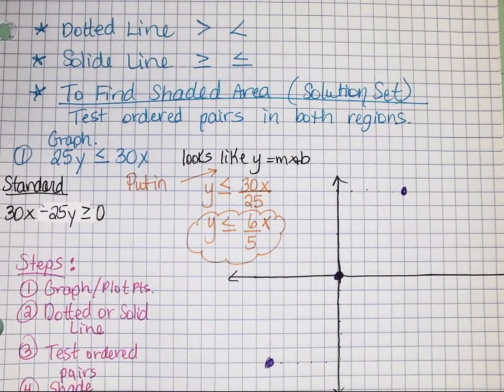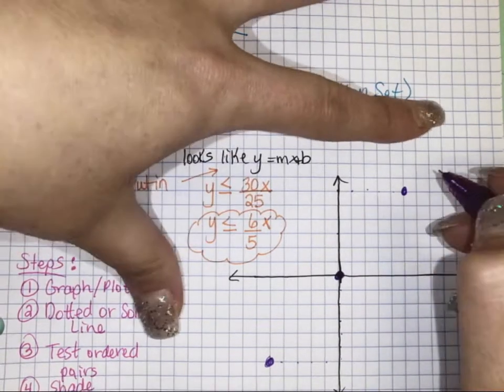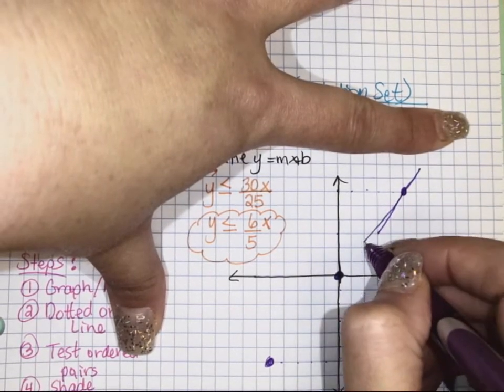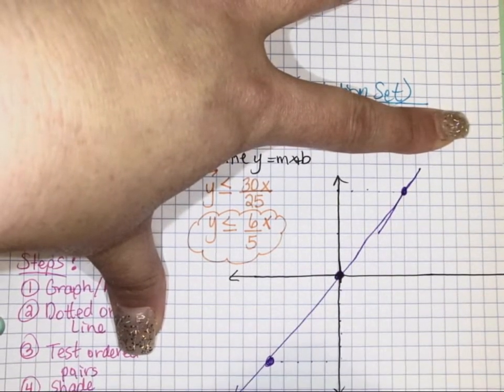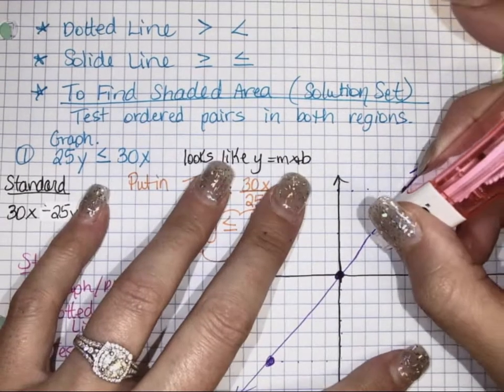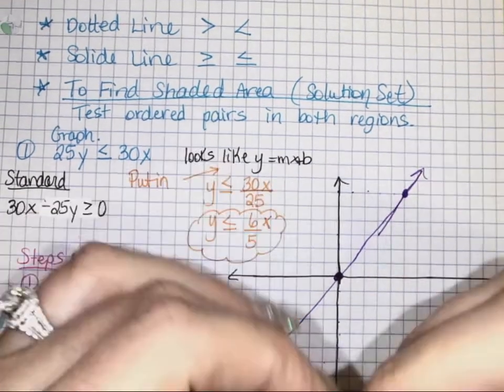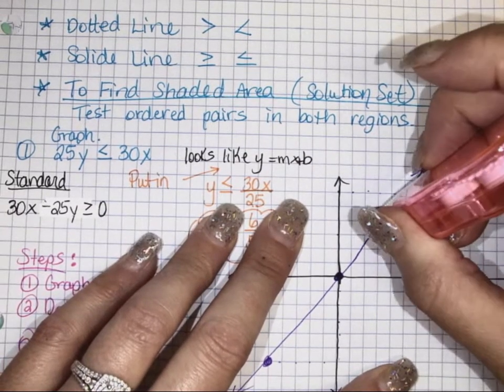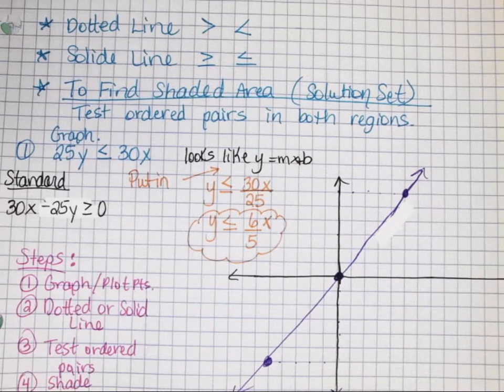All right, so here we go. Like I said, I know that I have a solid line. And now I'm going to test my ordered pairs.